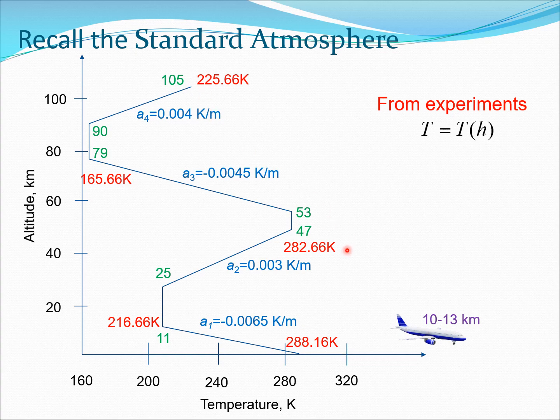Of course, you know that temperature is a function of height, and that is what this plot tells you: temperature on the x-axis in Kelvin is a function of the height which I have given in kilometers. Interestingly, most airplanes fly within the range of 10 to 13 kilometers, and these are the planes typically used for passenger jet transports. These are the planes which fly quite high up. Remember from our previous class discussions, there is a reason why jet planes fly high up, because that's where the range becomes better.